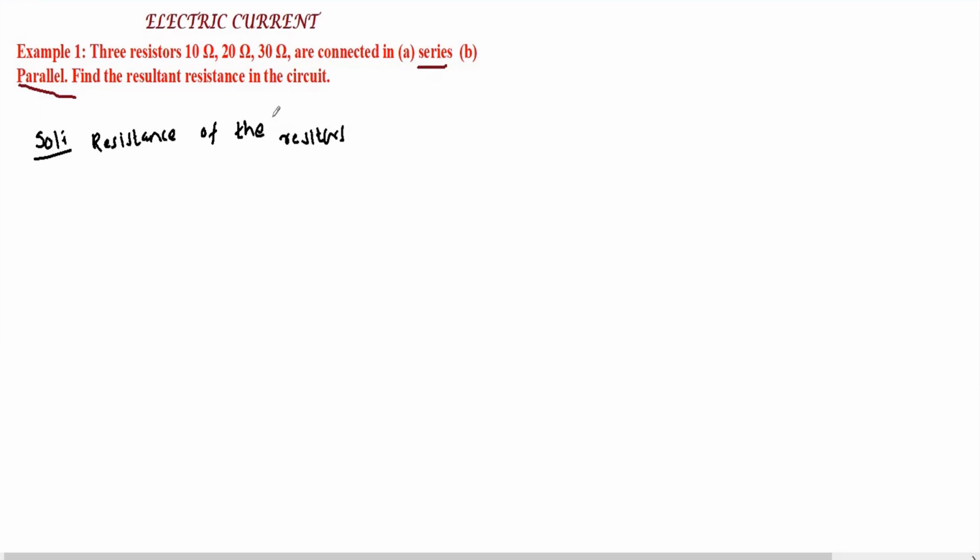So how many resistors are here? 3 resistors. So we can take here R1 equals to 10 ohm, next R2 equals to 20 ohm, and R3 equals to 30 ohm.